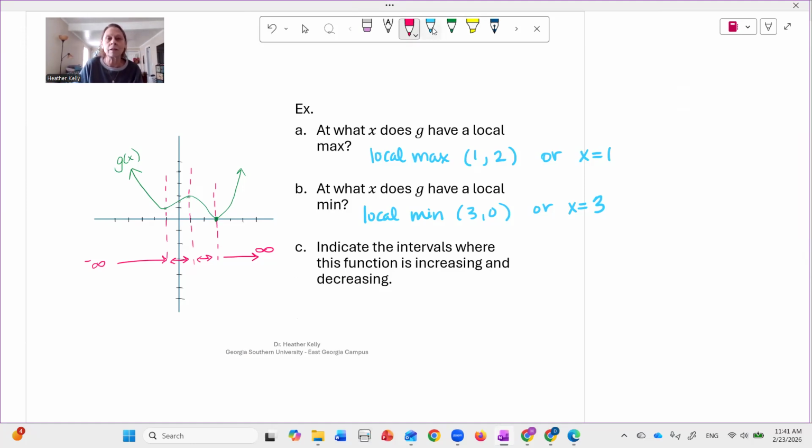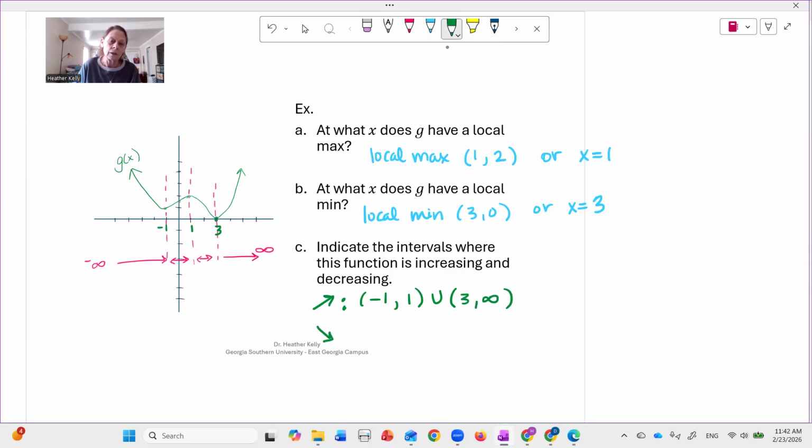All right, so let's get our increasing intervals. Let's see, we start increasing at, I'm going to put these numbers in, -1, 1, and 3. So we start increasing from -1 to 1, and then we pick up again and start increasing again from 3 to infinity.